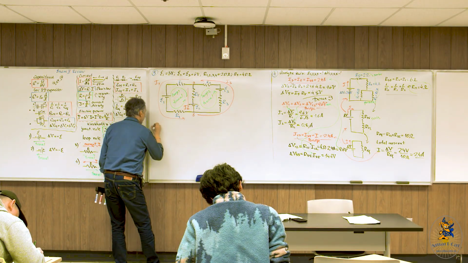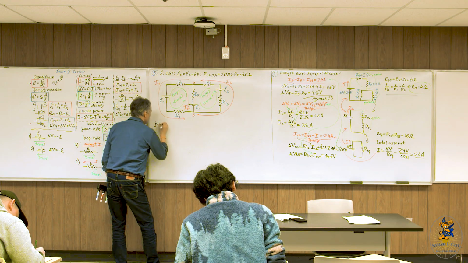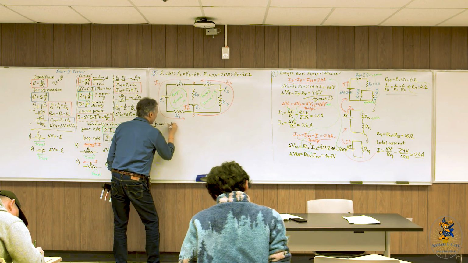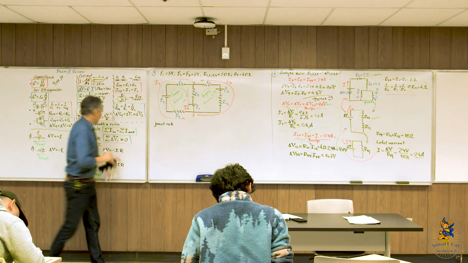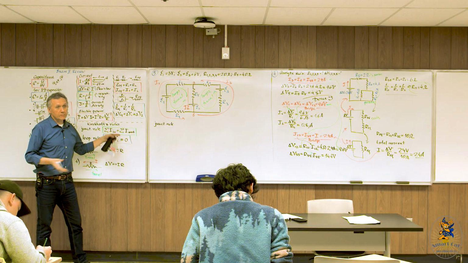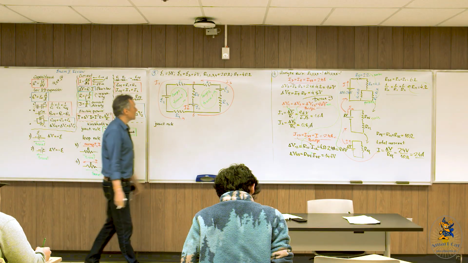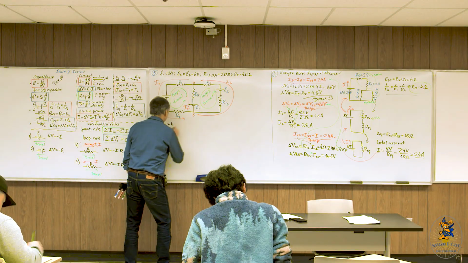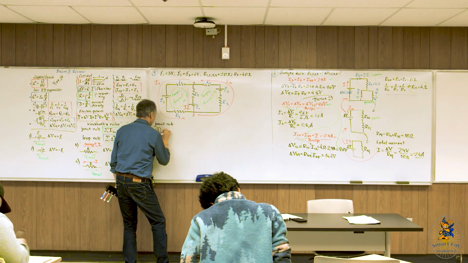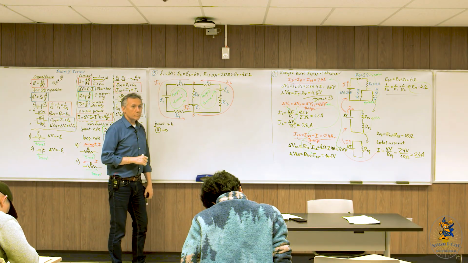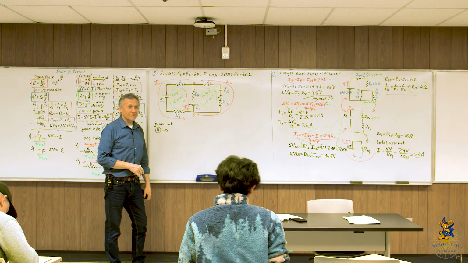So first, the junction rule. The total amount of current entering a junction point must be equal to the total amount of current leaving. For junction point A, can you give me the equation immediately?